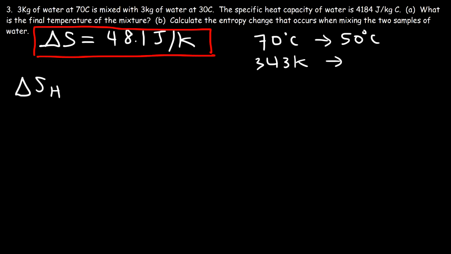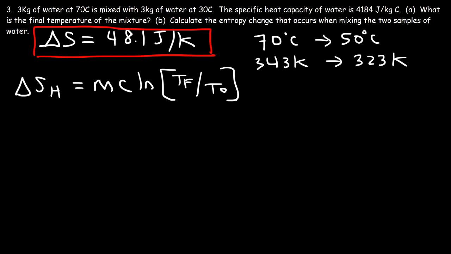And 50 plus 273 is 323 Kelvin. So delta S is going to be mc times the natural log of the final temperature divided by the initial temperature. So anytime you need to heat up a substance, you can calculate the entropy change using that formula.